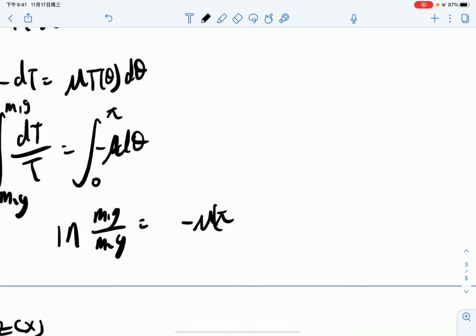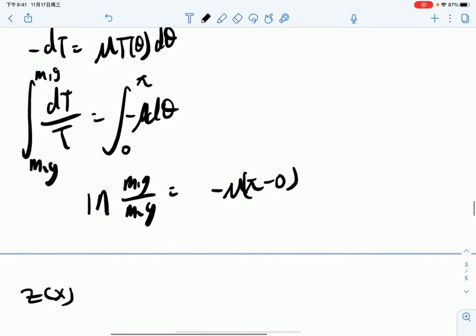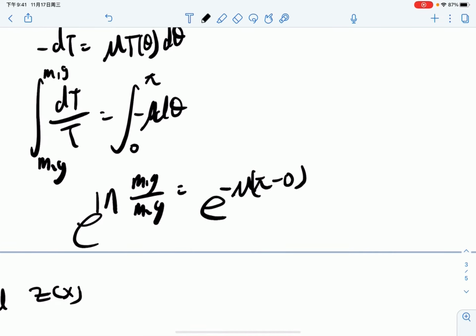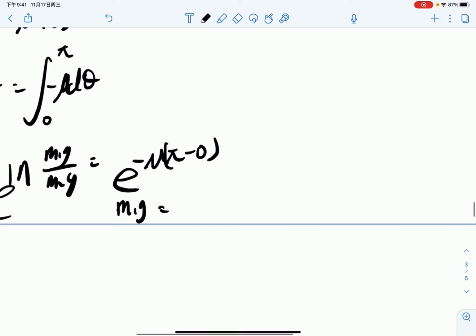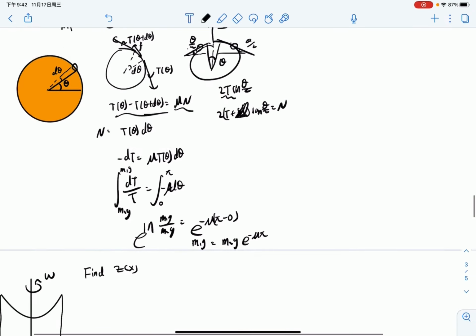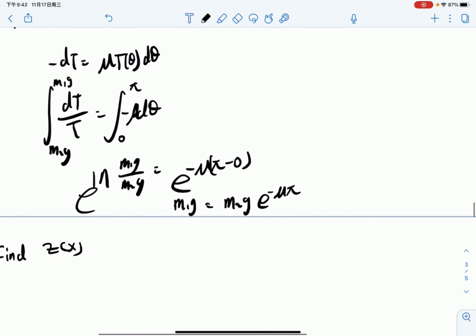So we can get m1g is equal to m2g e to the mu pi. Okay, and that is the relationship between m1 and m2.